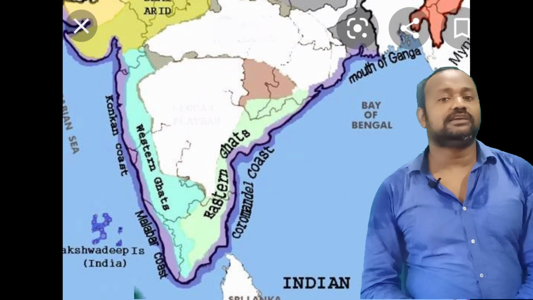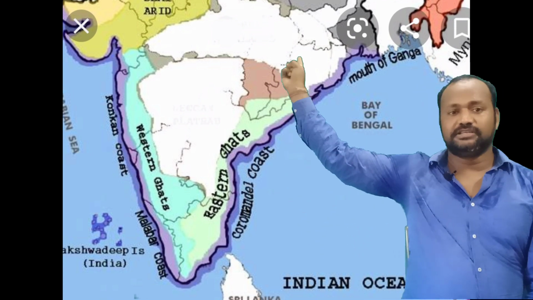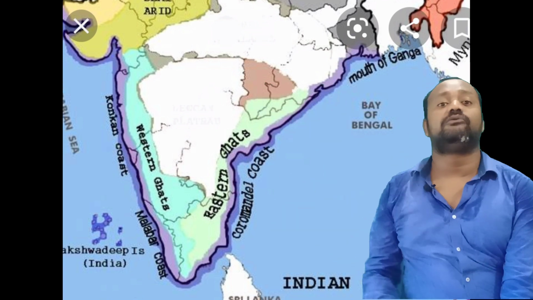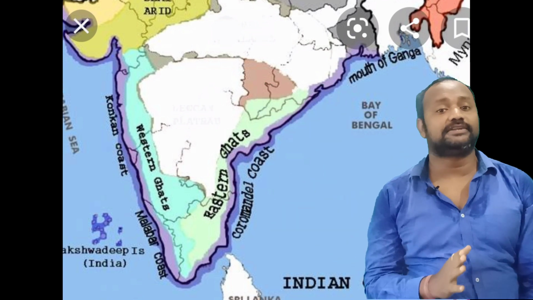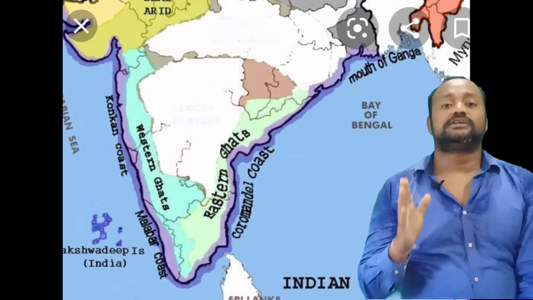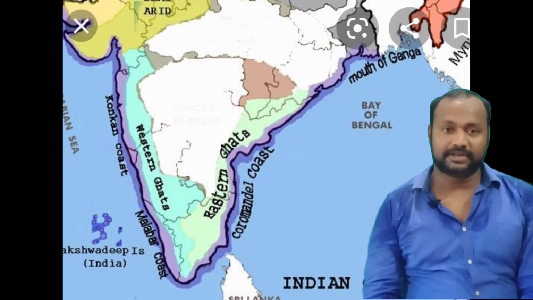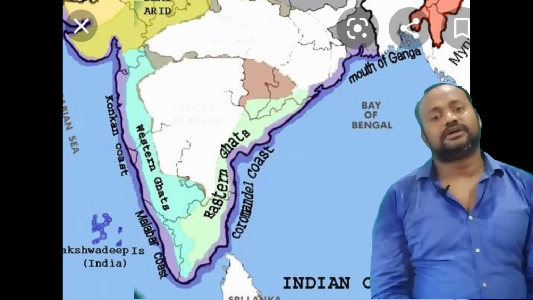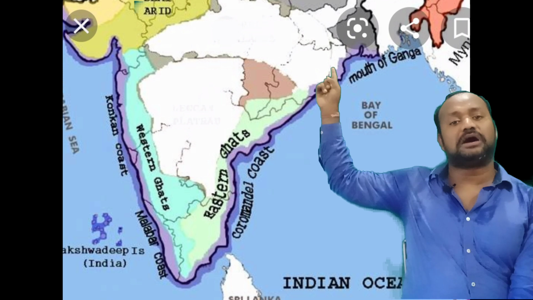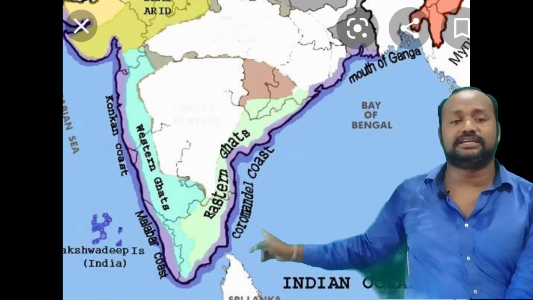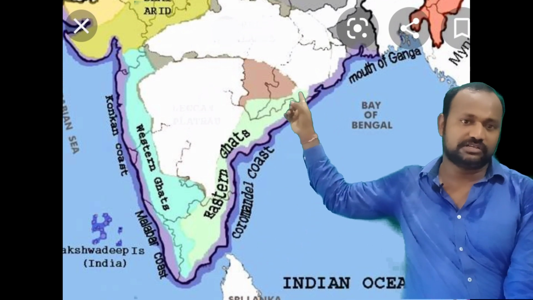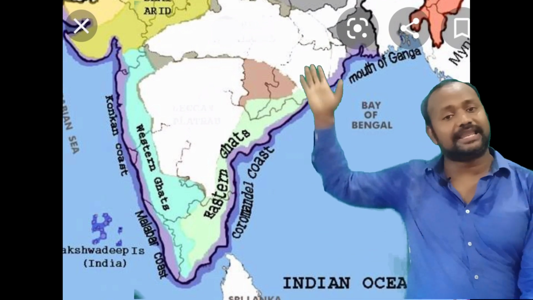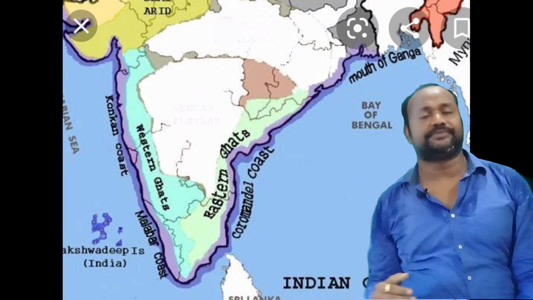Students, the Eastern Ghat is located in between the Deccan Plateau and the eastern coastal plain. The Eastern Ghat is stretched from the Mahanadi Valley in the north to the Nilgiri Valley in the south. That is the total extension of the Eastern Ghat.